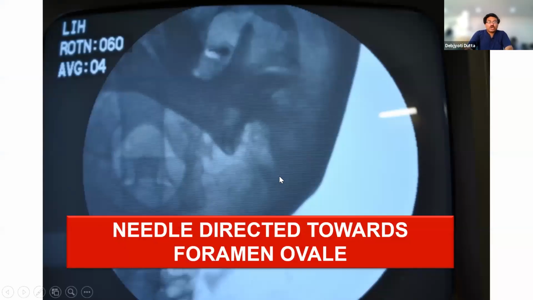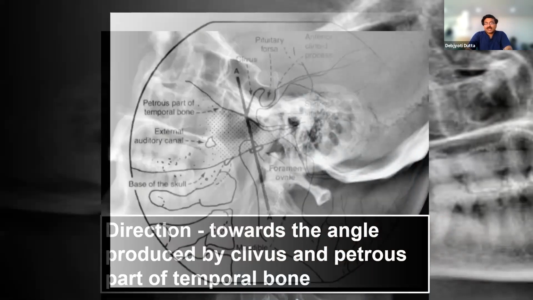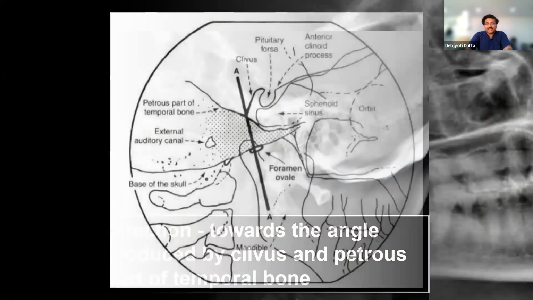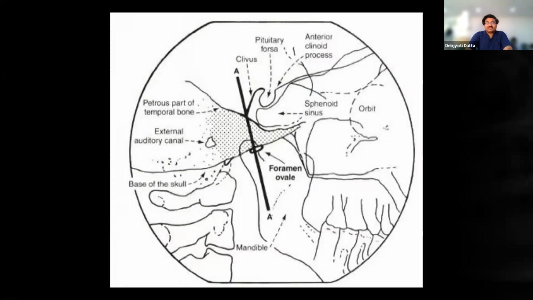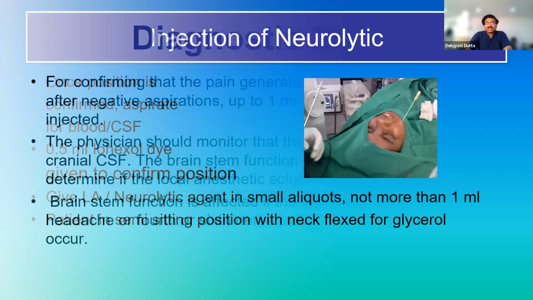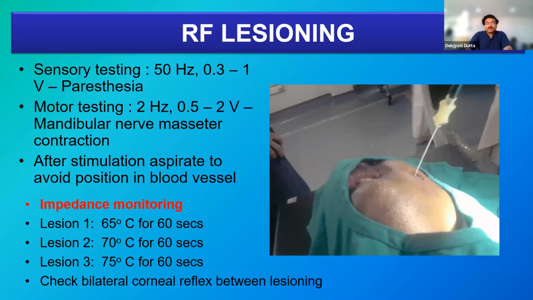As a beginner, you should diagnose things properly, start proper medical management, and then if required, refer to an adequate center for gasserian ganglion rhizolysis or microvascular decompression, depending on the patient. You should know these procedures exist and that the disease can be treated with them.